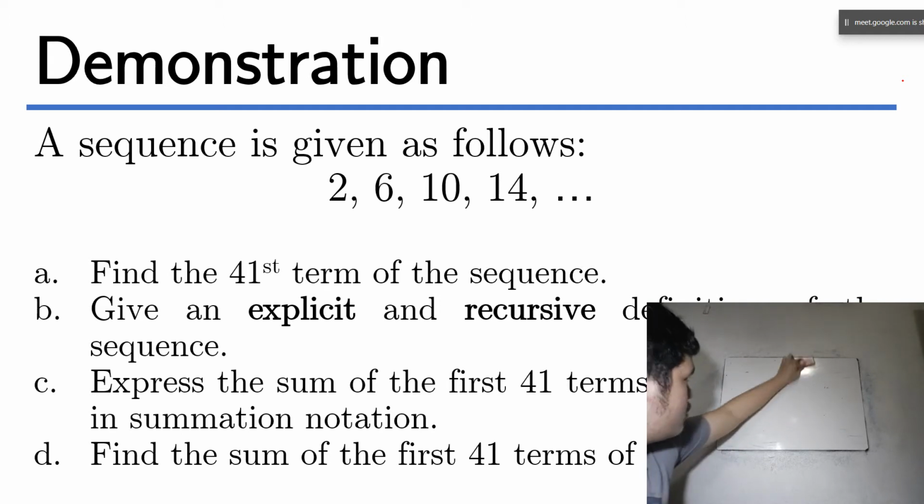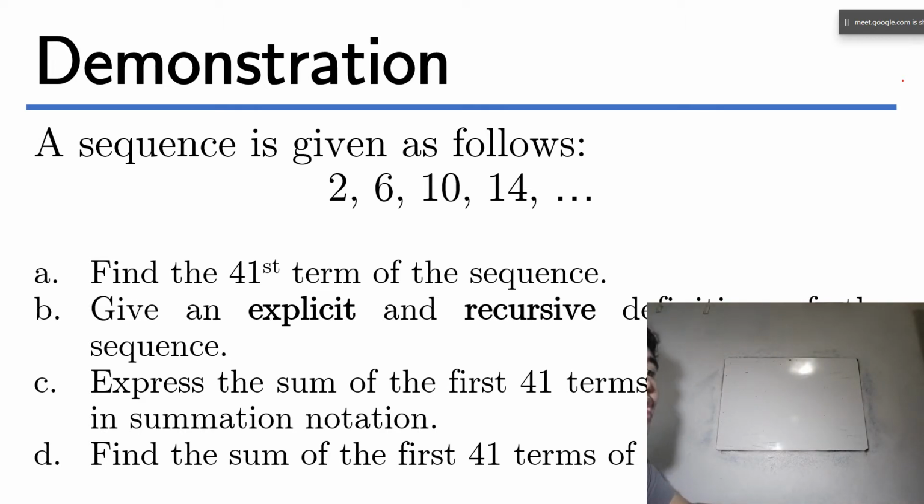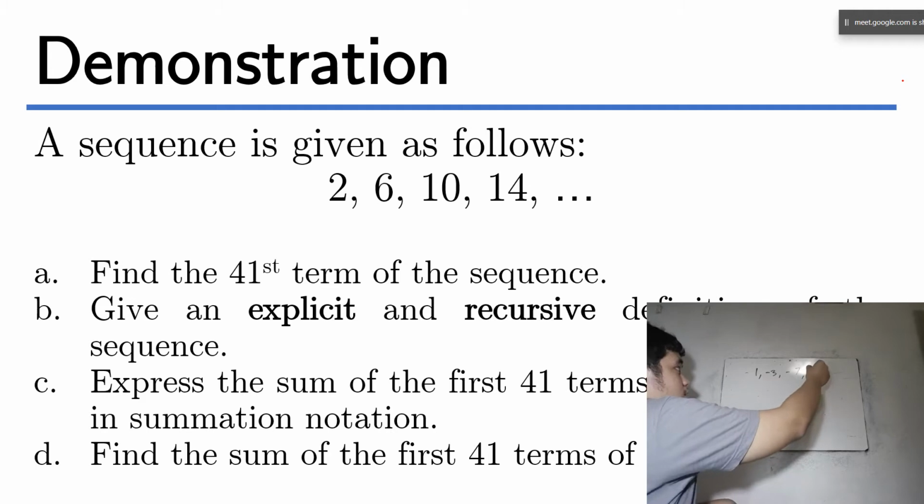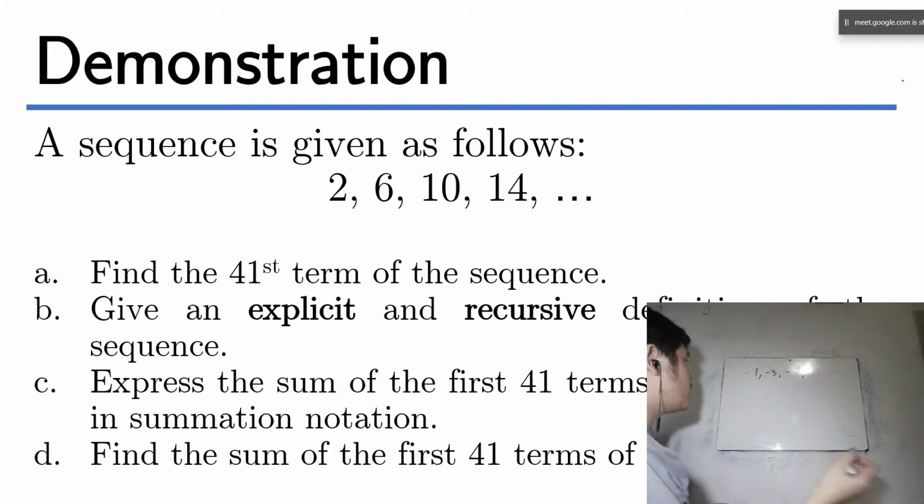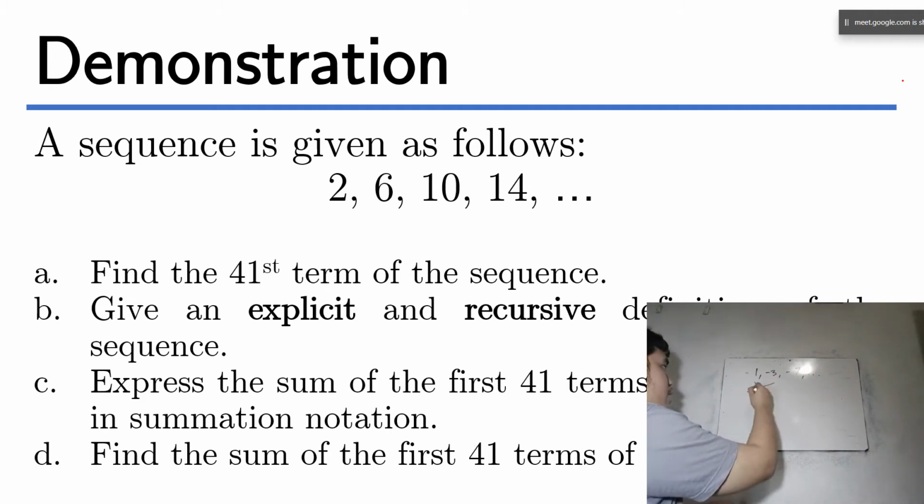By the way, guys, in an arithmetic sequence, the common difference is not always positive. It can be negative, and it can also be a fraction. Look: 1, negative 3, negative 7, and so on. What's the common difference? Negative 3 minus 1 equals negative 4.